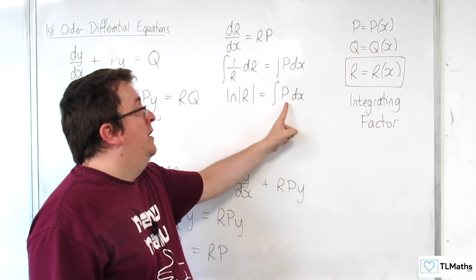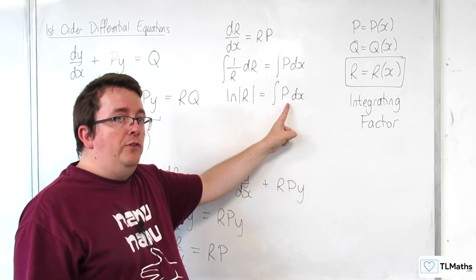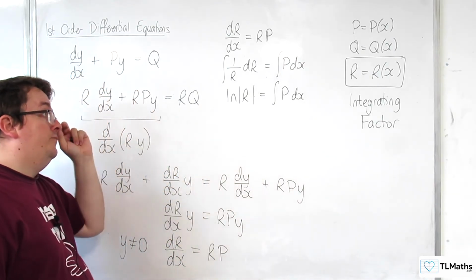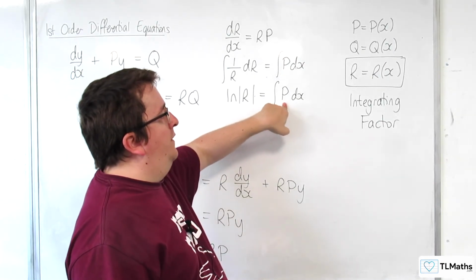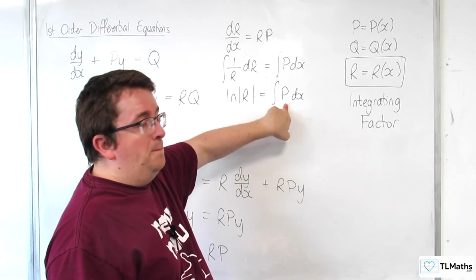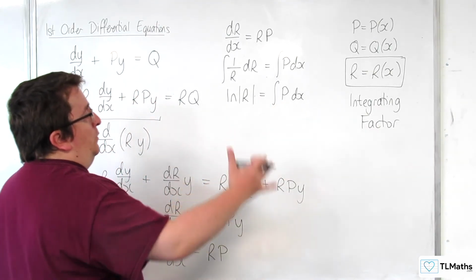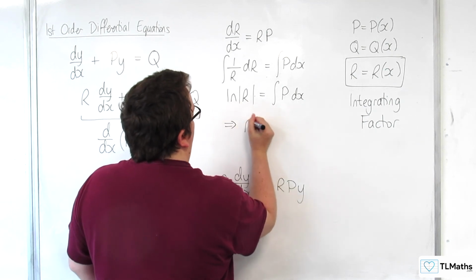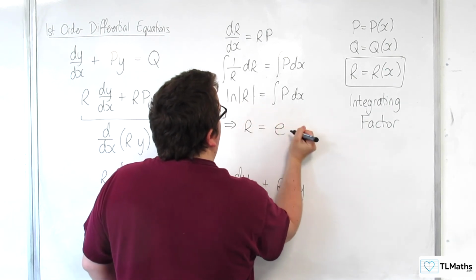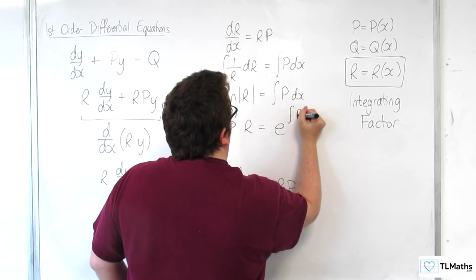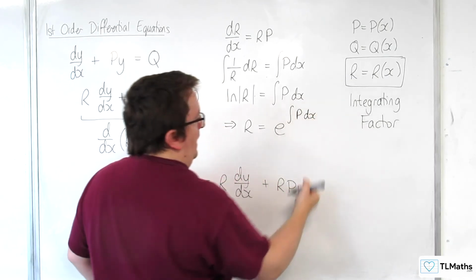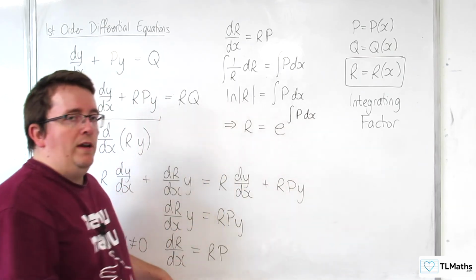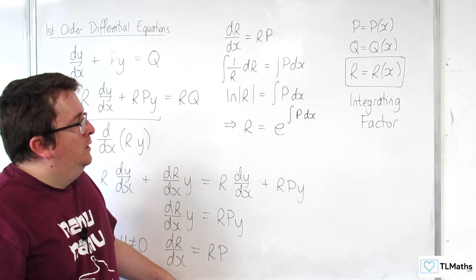So this could be cosine of x, for example. So don't think that this is mistakenly a constant. So now to find r, I can write that as r is equal to e to the integral of p dx. And here is my integrating factor.